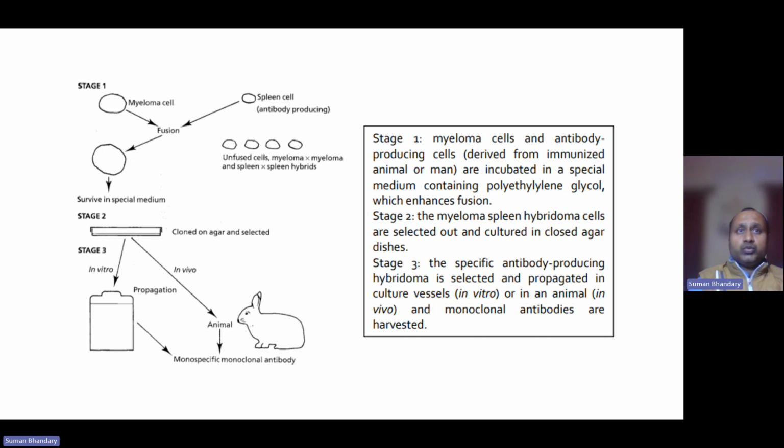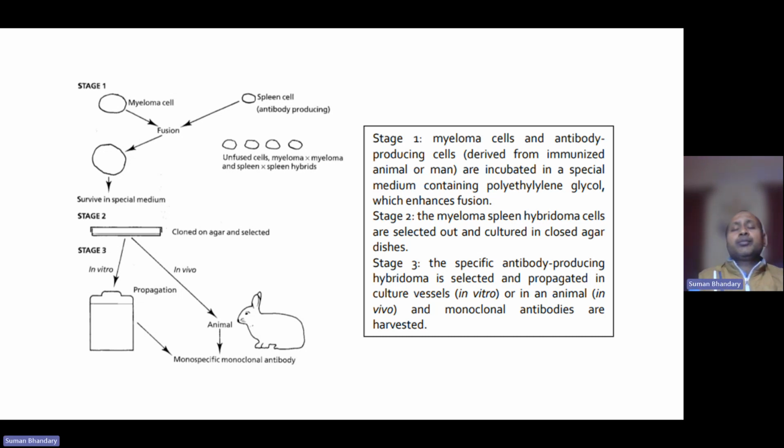And at stage 2, you can see that the myeloma spleen hybridoma cells are selected out and cultured in agar dishes. In the third stage, the specific antibody producing hybridoma is selected and propagated in culture vessels as well as within animals.